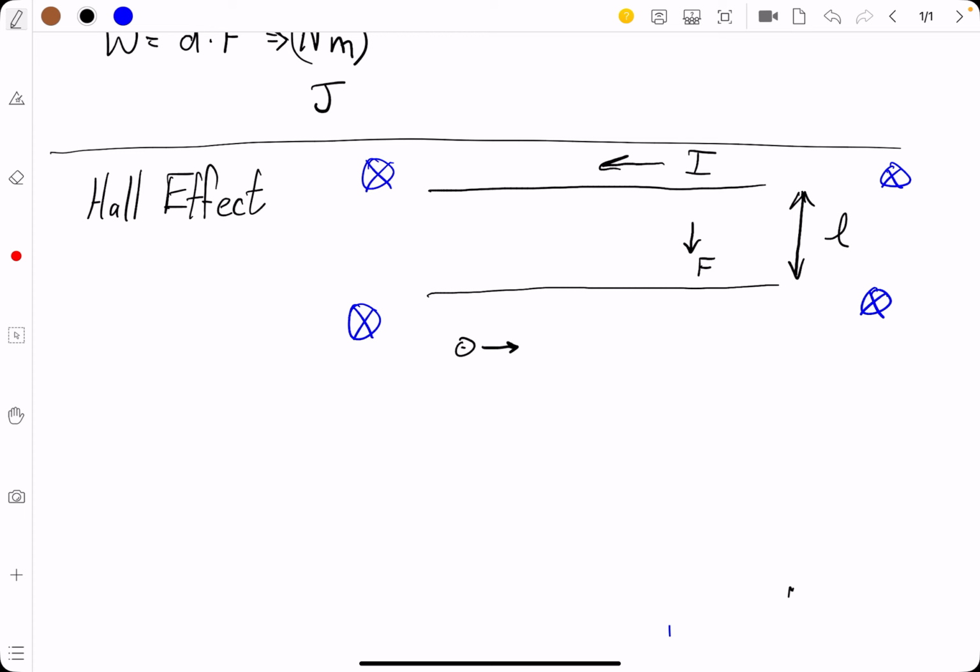But the electrons are going to the right. Their force is also down. And that's the real thing. The force of the electrons is down, and they're going to create this negative on this side.